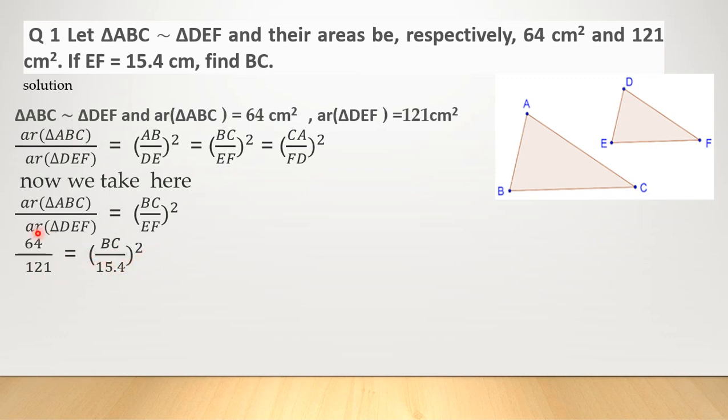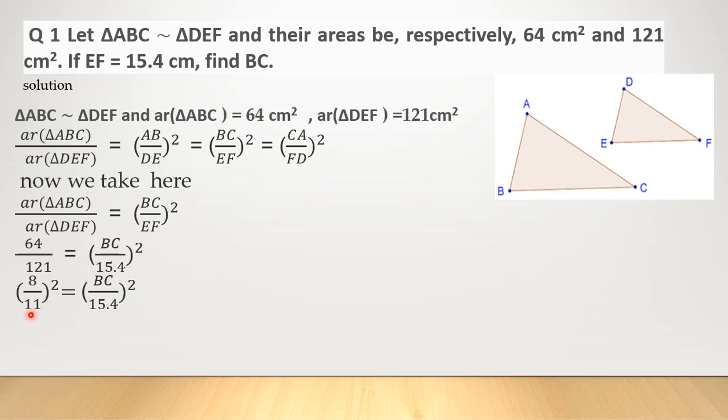Now after solving this, as 64 upon 121, we know that these are square numbers. So we can write 64 as 8 square and 121 as 11 square. So 8 upon 11 whole square denotes this 64 upon 121. So 8 upon 11 whole square is equal to BC upon 15.4 whole square.